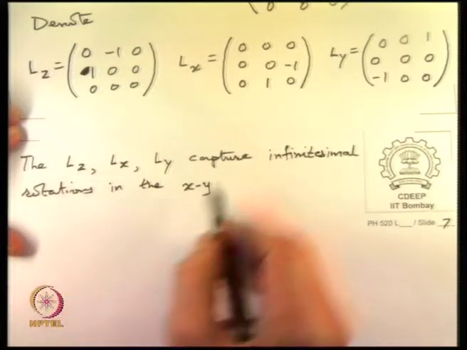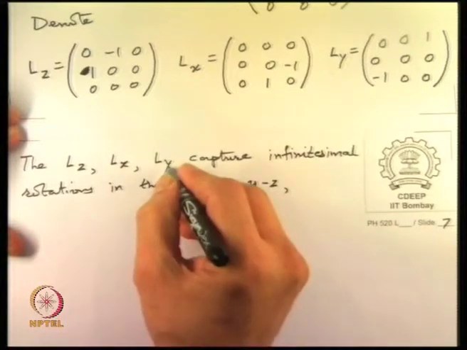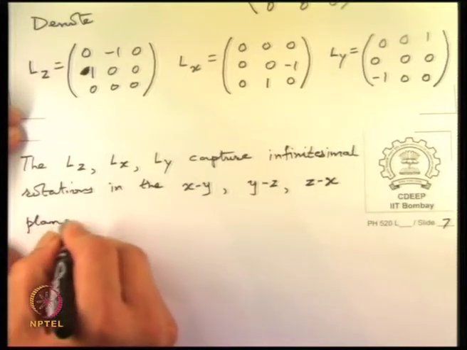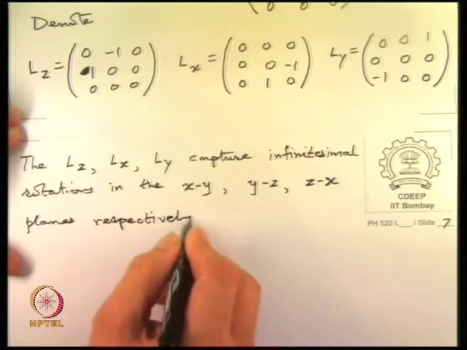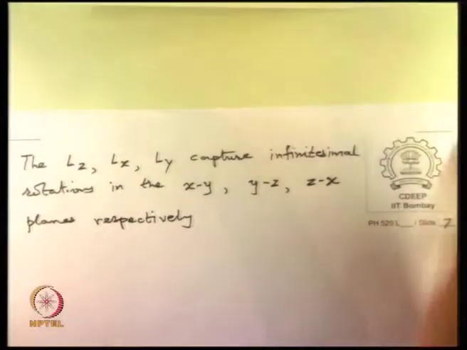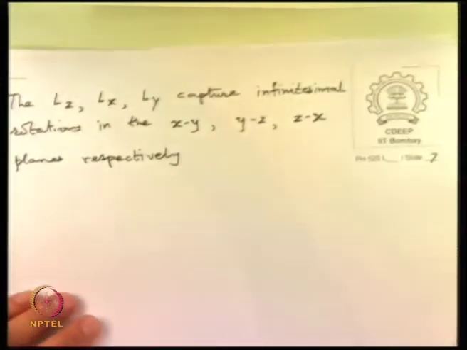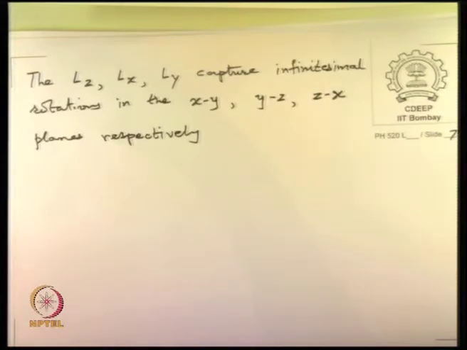So, z, x, y, x, y, z and y, z, x. Now, if you restrict yourself to only z axis rotations or the xy plane rotations, then the Lz matrix is enough to capture everything.